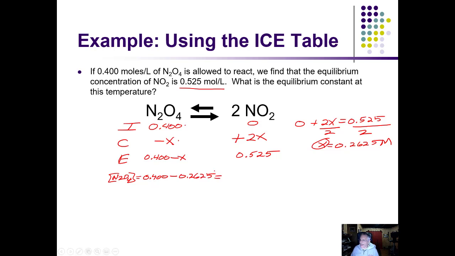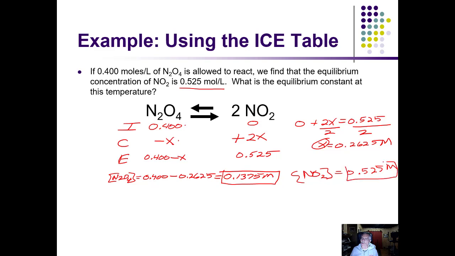And when I do that, I get 0.1375 molar. So I already know the concentration of nitrogen dioxide at equilibrium. It's 0.525 molar. That was given in the problem.